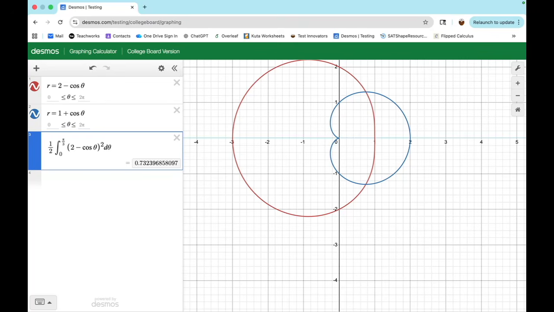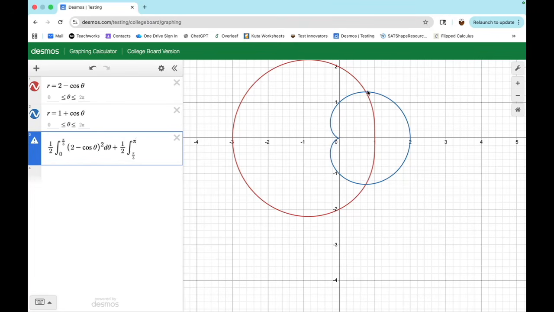Then I'm going to do plus 1/2 the integral, now from pi over 3 to pi. Because pi is what's going to get us back to here. When you think about this cardioid, going this way is pi over 3.